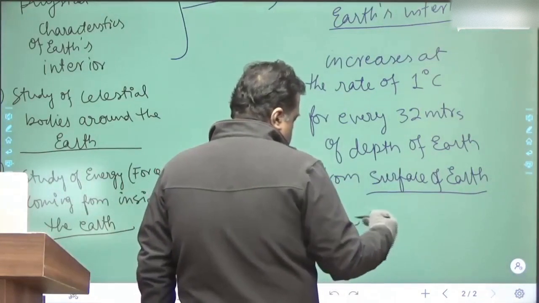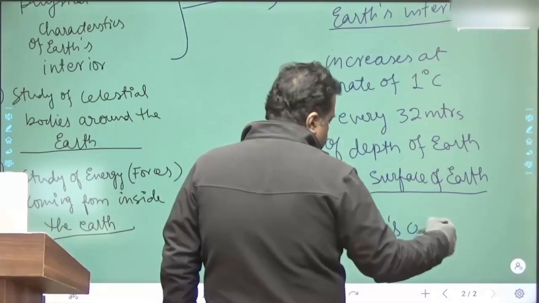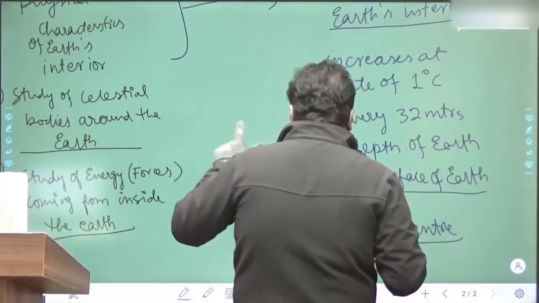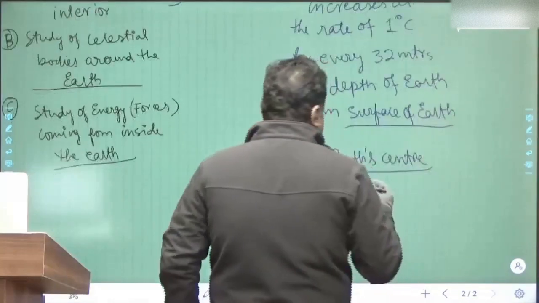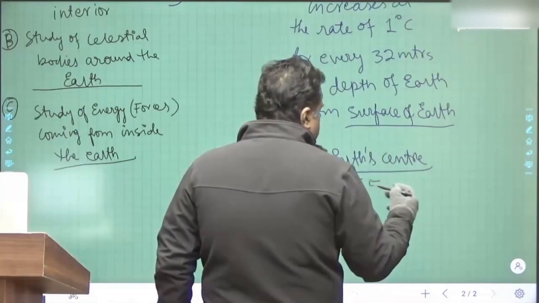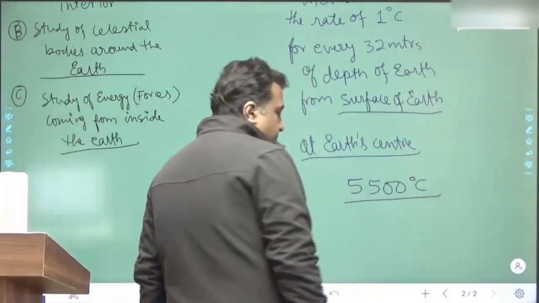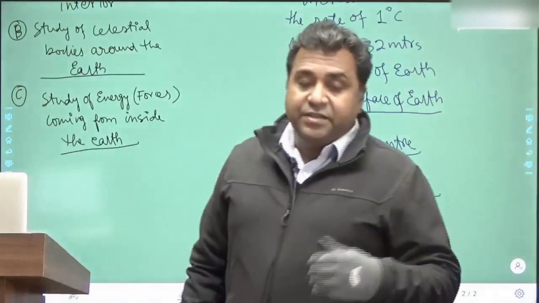At Earth's center, temperature is 5,500 degrees Celsius. Okay, and just to help you, it increases.